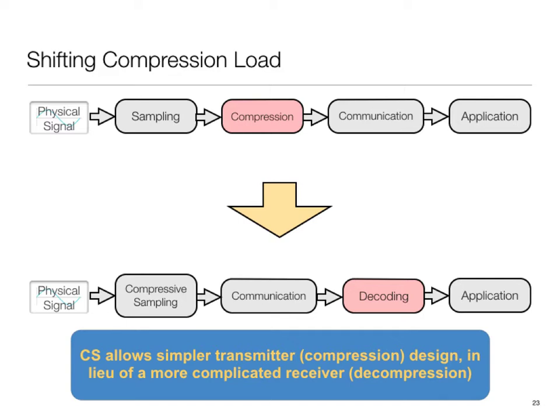So, if we are able to do compressive sampling, then we can get away with it. Normally the way things happen is that we sample fully at Nyquist rate, we compress, we communicate. But now, with compressive sampling, we do in effect compression and sampling simultaneously, okay?